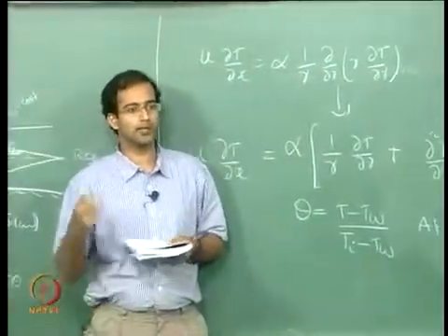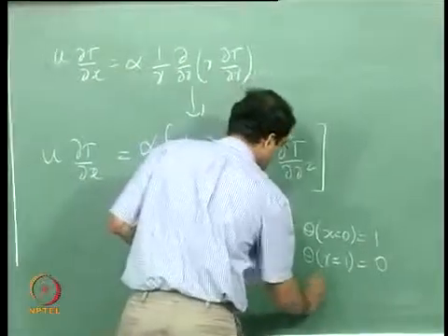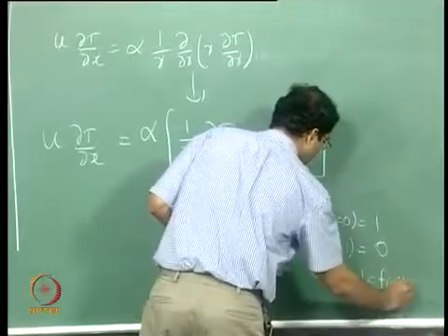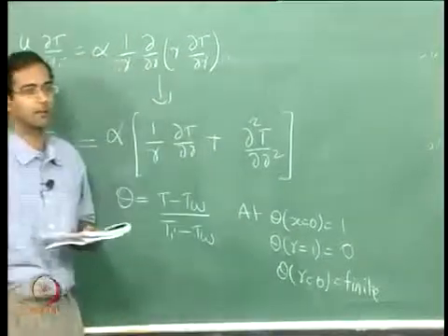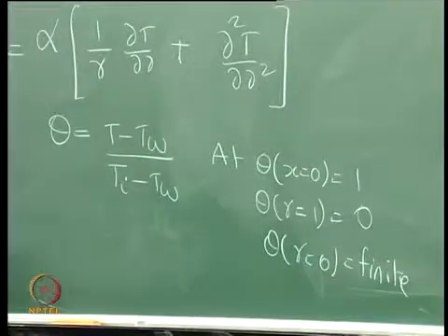So you need two boundary conditions with respect to the radial direction. What is the other boundary condition? Theta should be finite, or d theta by dr should be 0.